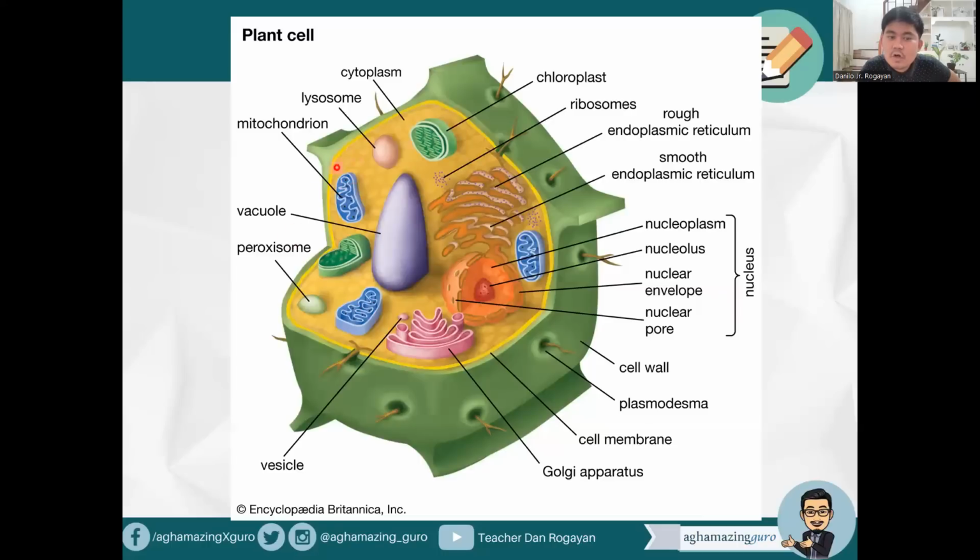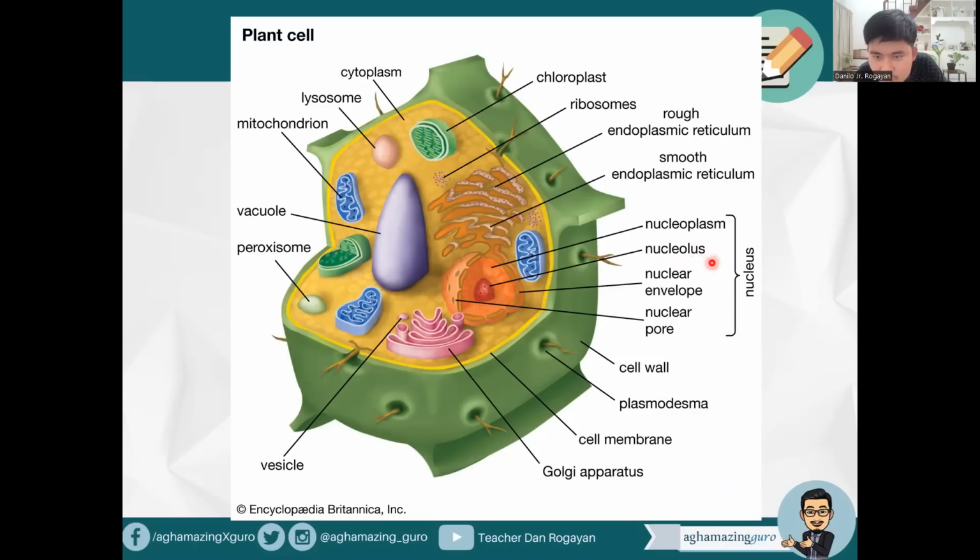Okay? So we also have mitochondria, the powerhouse of the cell, chloroplast, the site of photosynthesis, lysosome, the suicide sac, intracellular digestion, ribosome, the site for protein synthesis, ano pa? We also have the nucleus, no, kung saan nandiyan yung DNA synthesis. So pag tinanong sa board exam, where does DNA synthesis take place or occur?